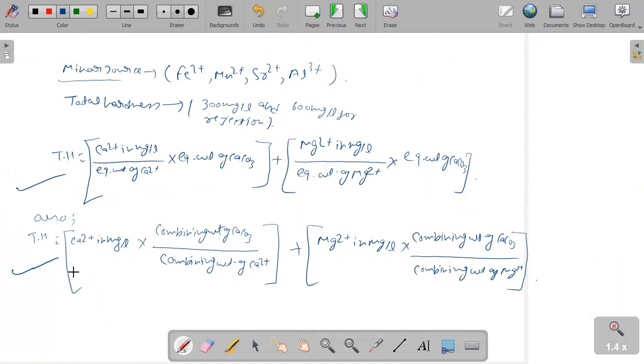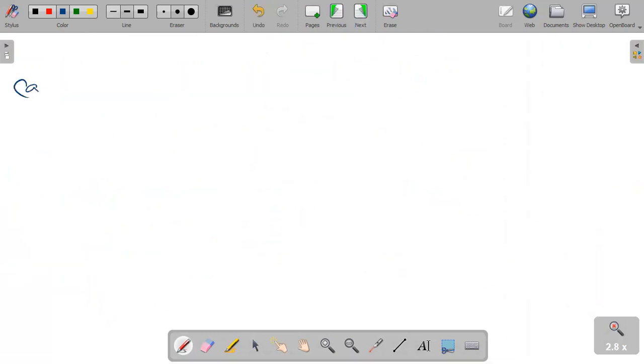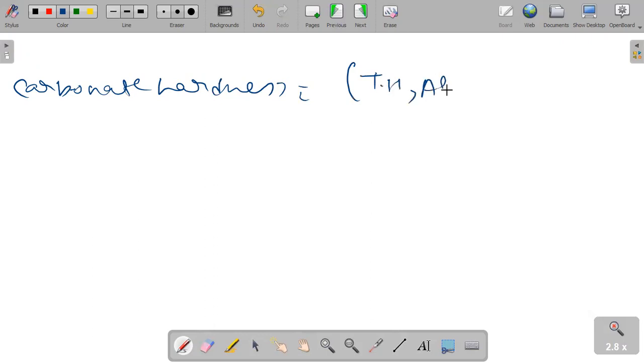And for calculating carbonate hardness, you need to find total hardness and alkalinity, and whichever is minimum of the two is equal to carbonate hardness.